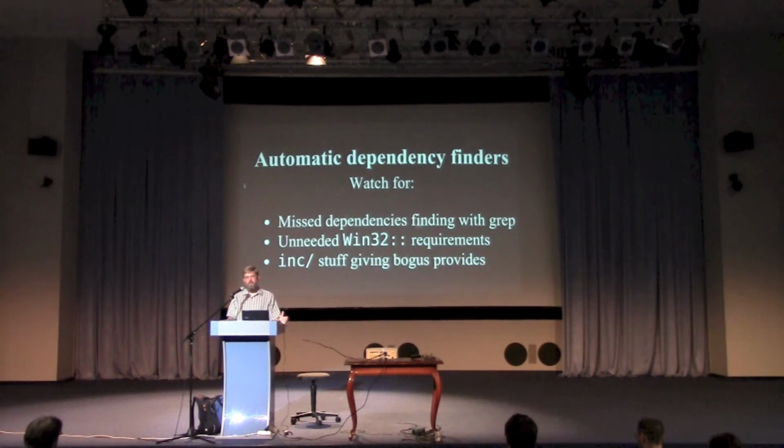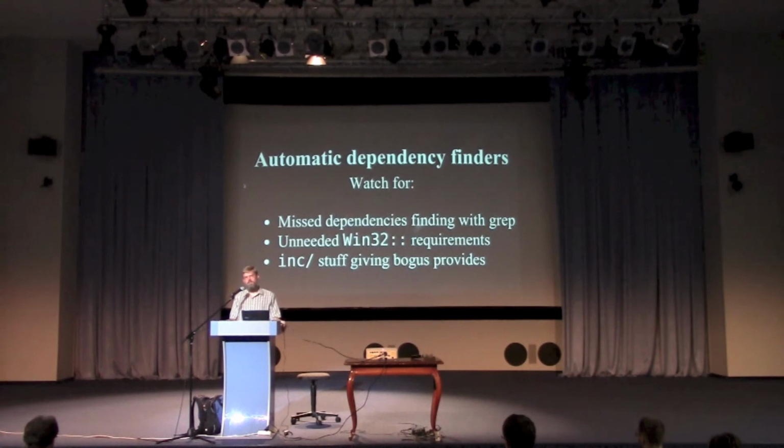I mentioned earlier that RPM can automatically pull in dependencies that are needed of other CPAN modules. It also has to know what each package provides. That's how we were able to say, please install HTTP::Date, and it goes and grabs LWP. It's because the RPM package specifies that it provides HTTP::Date and a whole bunch of other things.